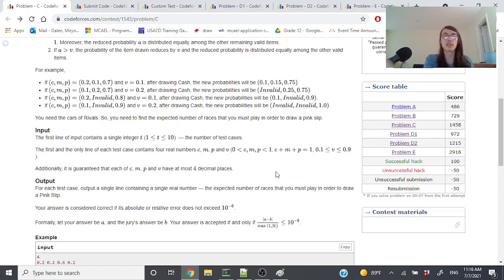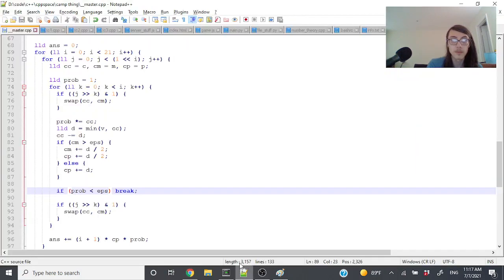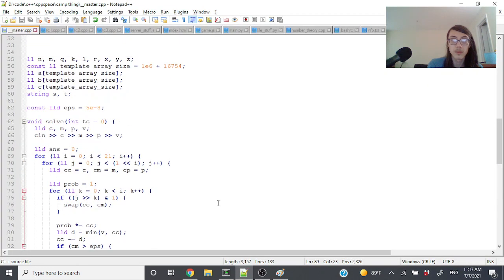Maybe it's less than that length, actually. What if you just do like a DFS, then it'll work?